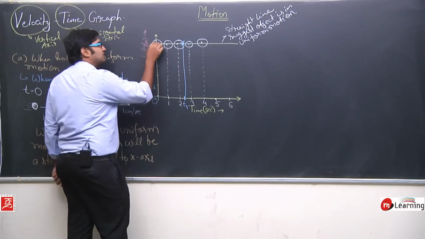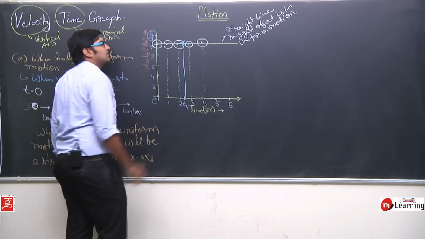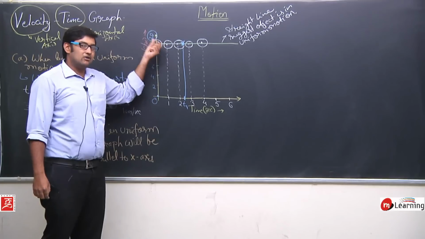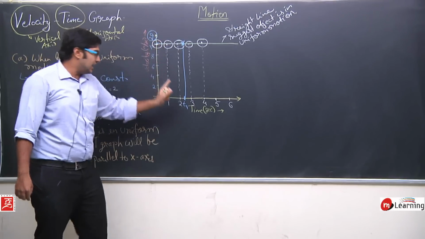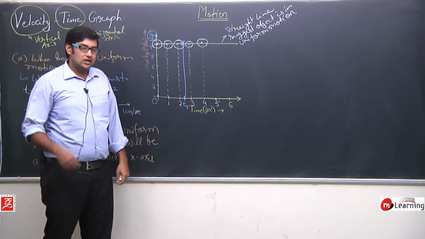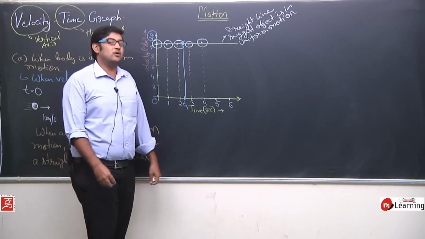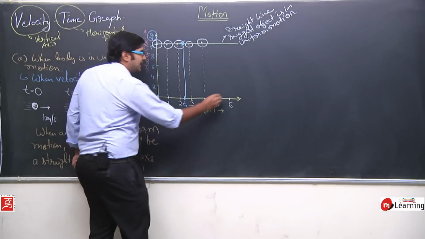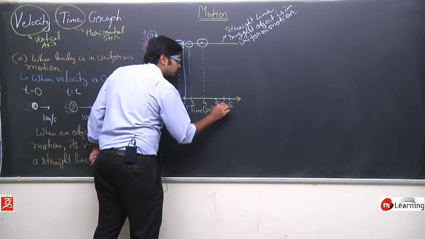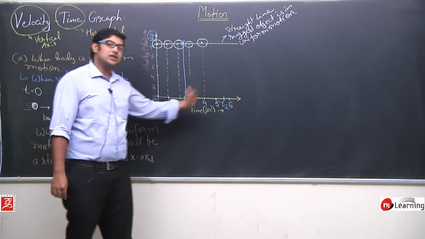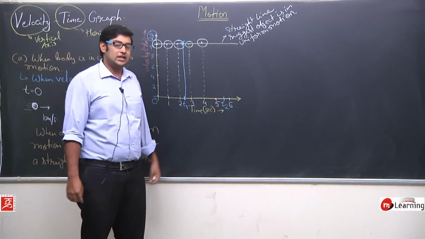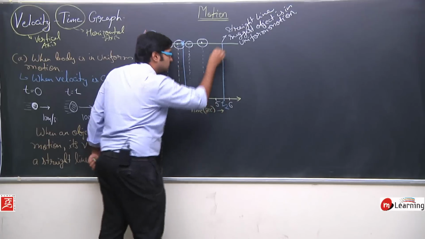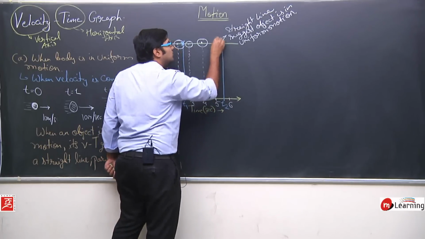Let's say this velocity is v. We considered it as 10 earlier, but now let's consider this as velocity v at point t1. Now since it's moving in uniform motion, what would be its velocity at some other time t2? We can see the velocity at t2 will again be v only.